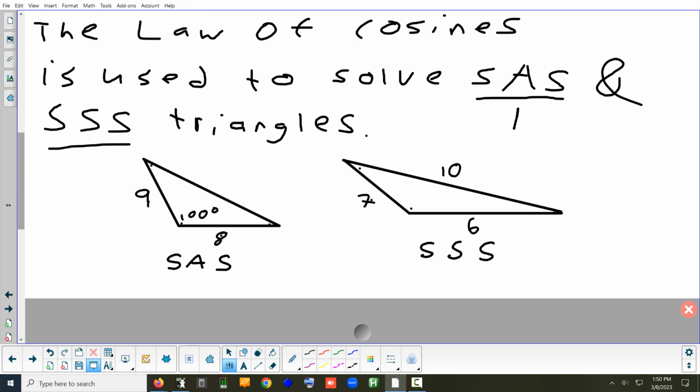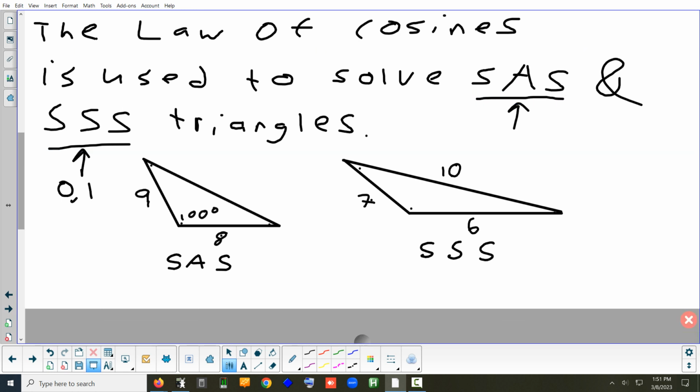With SAS, you never have to worry about 0, 1, or 2 solutions. This is completely normal. Nothing weird can happen with that kind of stuff. With side, side, side, you can end up with 0 or 1. You cannot end up with 2. The only one you can end up with 2 is the one we learned yesterday. So how could you end up with 0 with side, side, side?